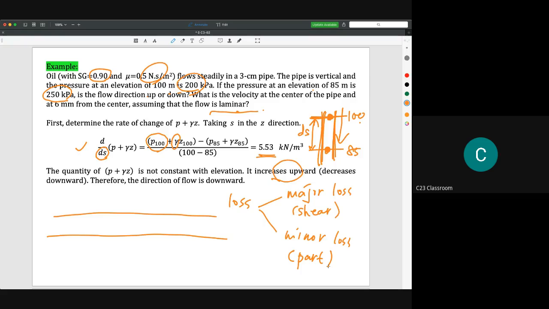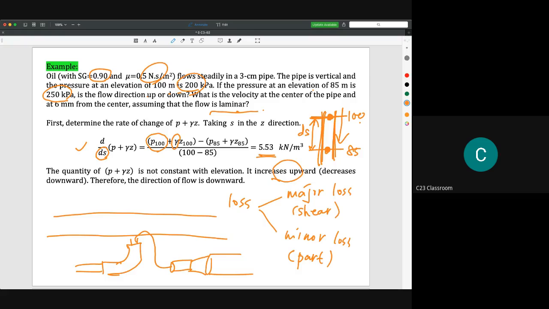For example, you have a pipe here and then you connect it with an L bend, then continue the flow, and then change from a small diameter to a bigger diameter pipe, and so on. So you put a lot of parts in your pipe system, and it will generate a lot of minor loss. The amount sometimes is not so big, so we may neglect it from our calculation.